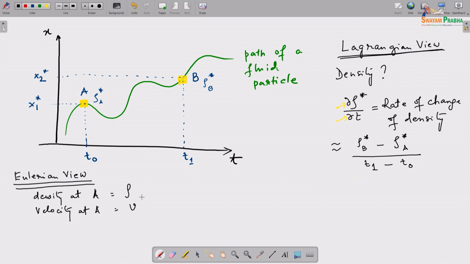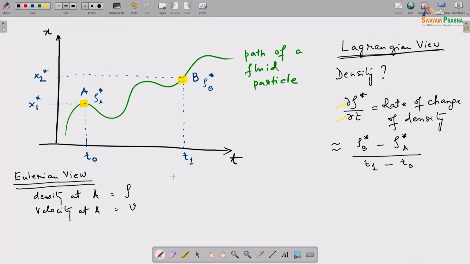Now, as it moves from location A to location B, from the Eulerian view, what is the total change in velocity?